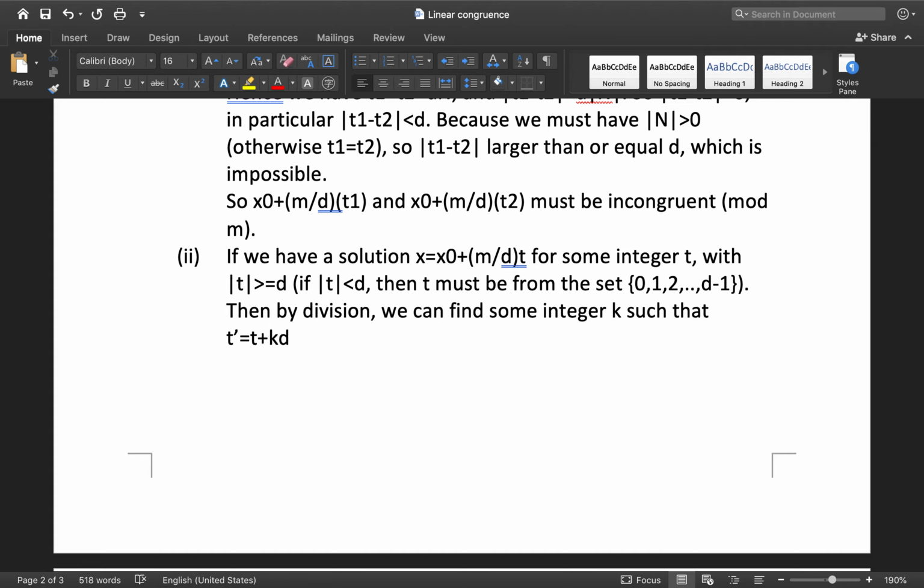That means you sort of add some multiple of d. Now that k can be negative, depending on the value for your t.